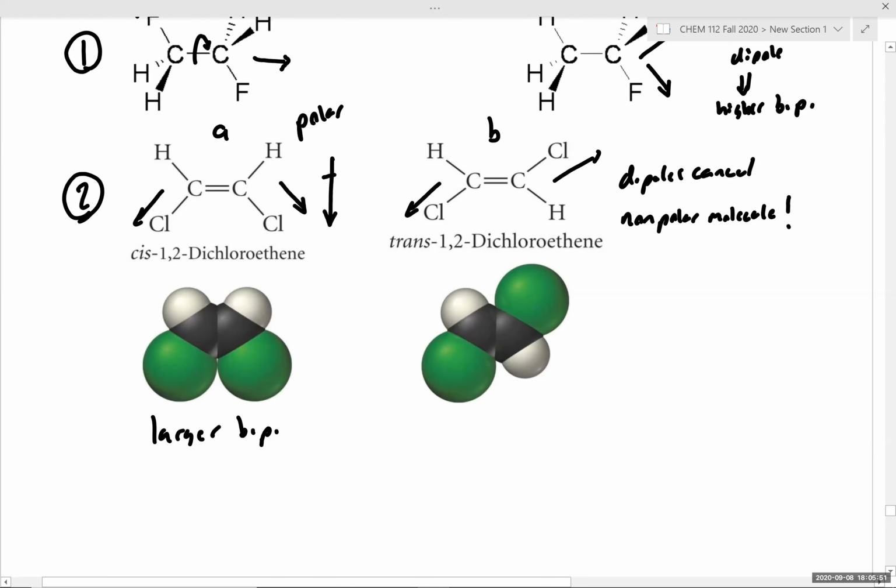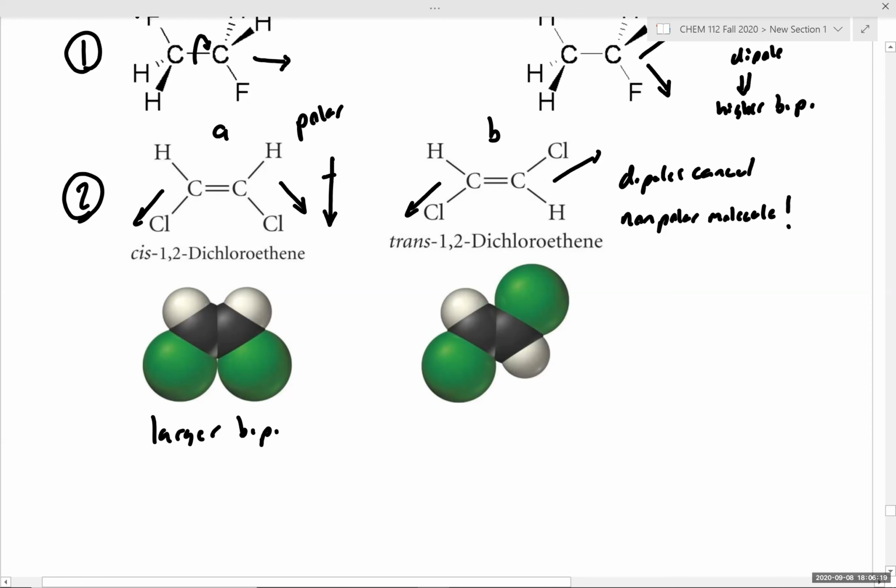And we'll see a lot of examples like this where one of our isomers, in this case one of our stereoisomers, has a different molecular dipole and in turn has different physical properties such as boiling point. Does this example make sense? Yep.